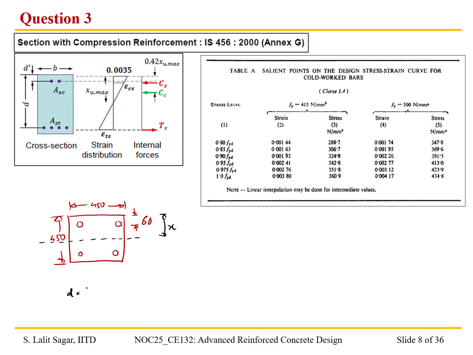Effective depth is 450 minus 60, that is 390 millimeter. Okay, so this depth below the neutral axis up to the center of the rebar is given by 390 minus x.